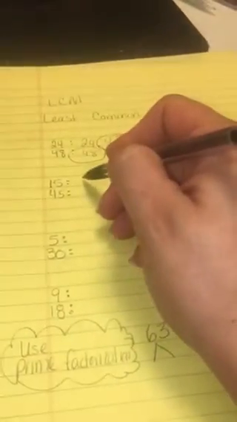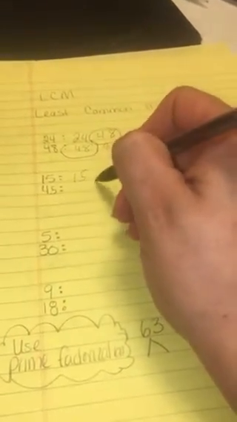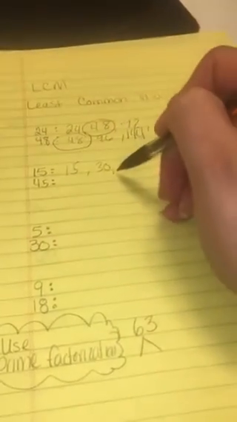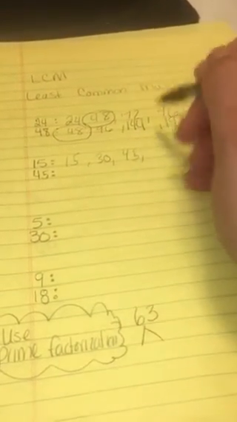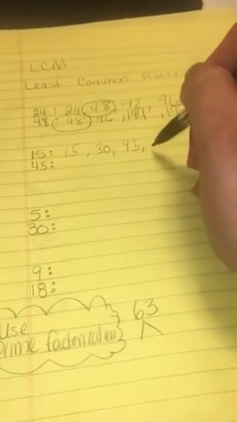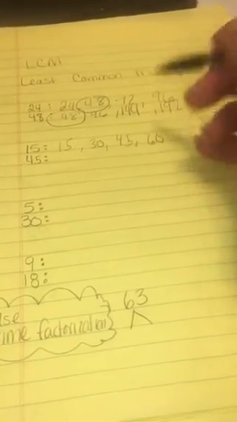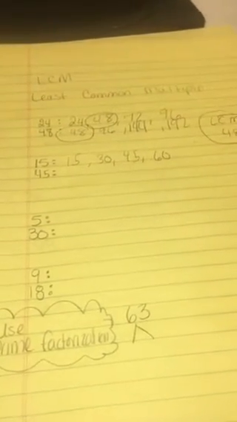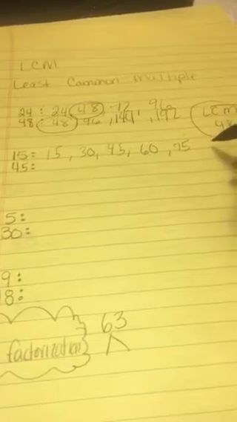Same here. 15, 30, 45, 60, okay, 75 and 90.